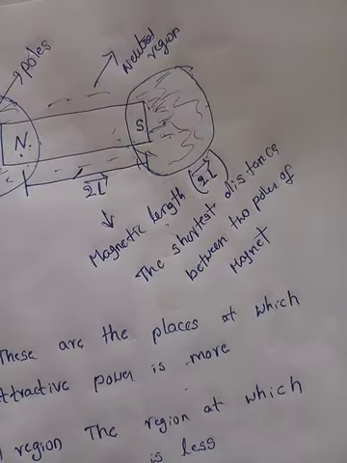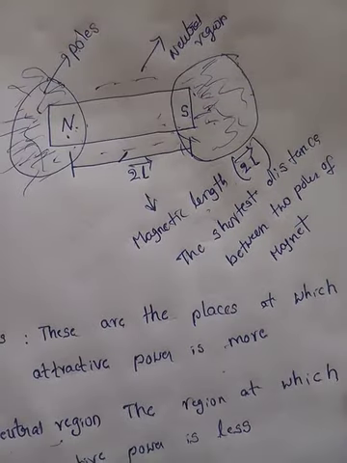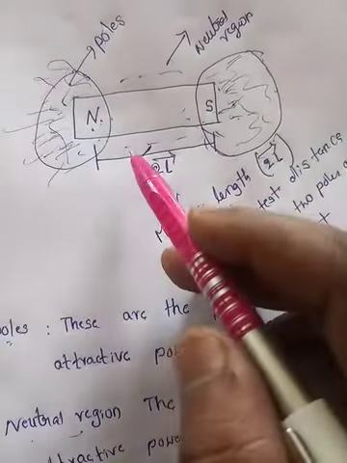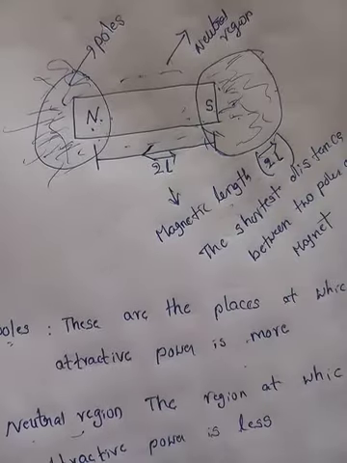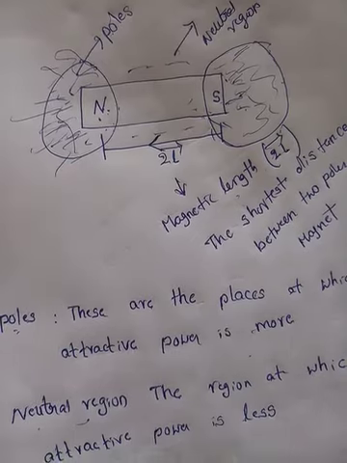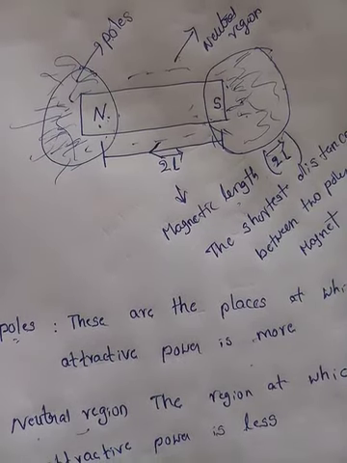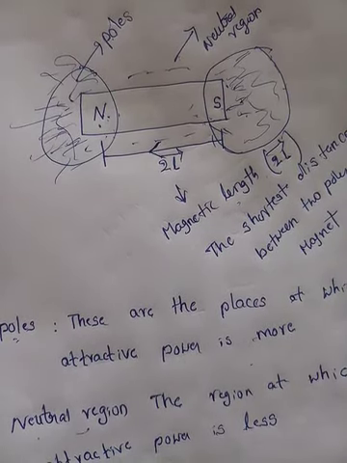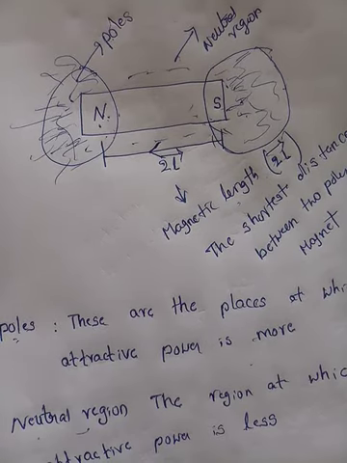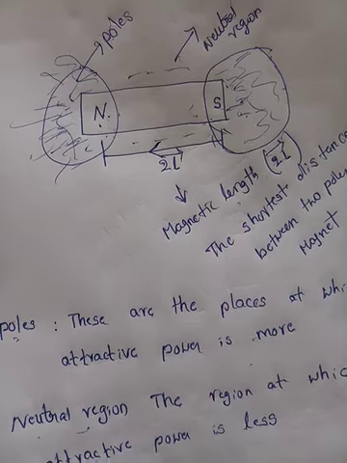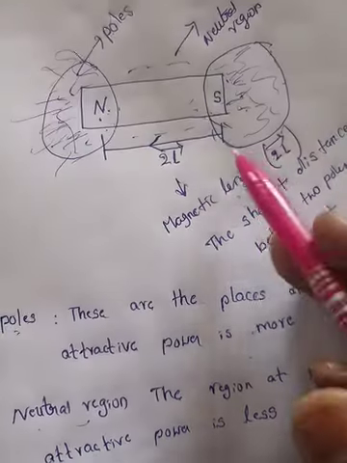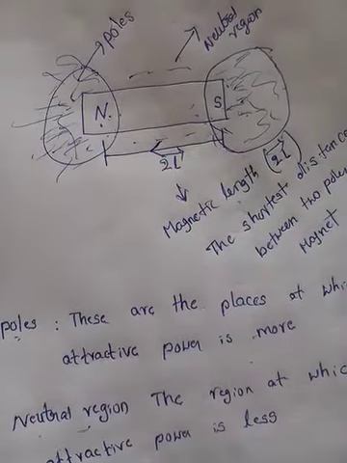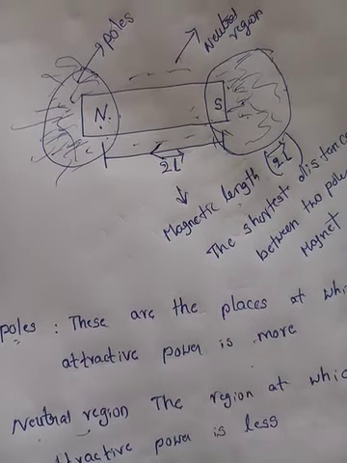North pole to south pole or south pole to north pole? The direction of magnetic length is from the south pole to the north pole. The length is given by 2L.